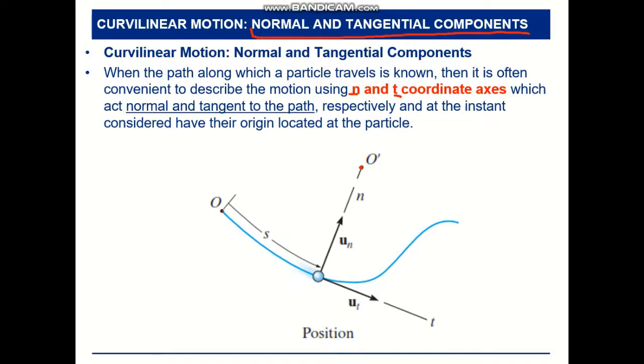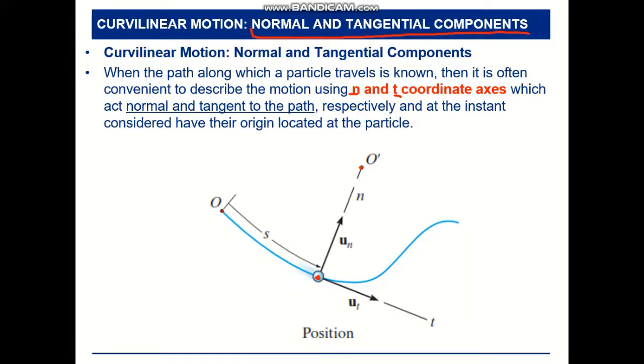O here and our O prime here, all right? So if we have a path located here, and if my particle is here, if I take again the origin over here, the tangential coordinate is going to give us the velocity.